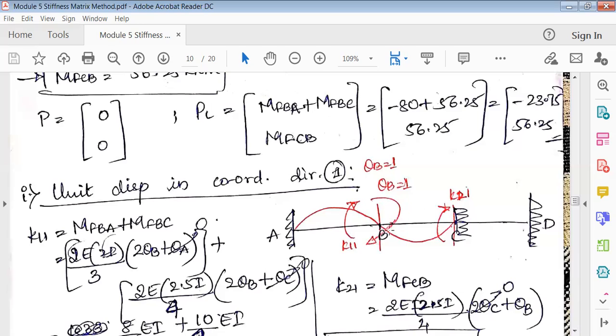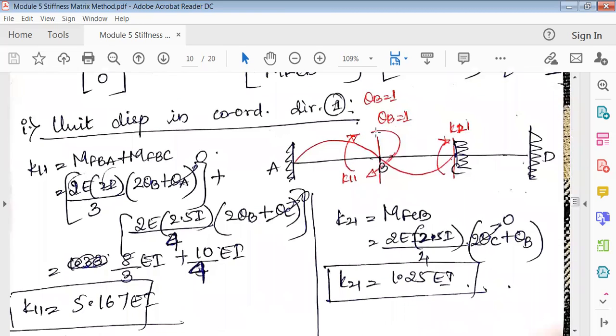Now you are applying the rotation in the first coordinate direction, so it is K11, and here it is K21. In the second direction it is K2, K1, because you are applying rotation at 1. Once you mark this, next is K11. K11 is connected to both the left side and right side, pushing both, so it is MFBA plus MFBC.